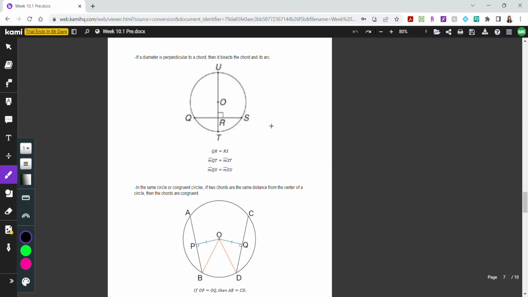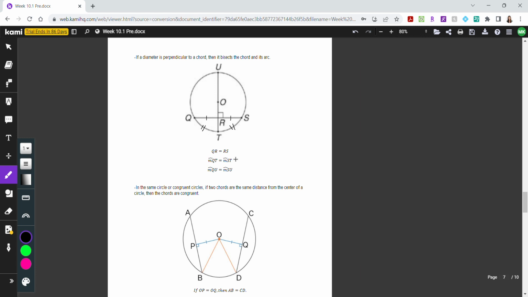All right. Now, if a diameter is perpendicular to a chord, then it bisects the chord and its arc. So that means this is equal and this is equal.